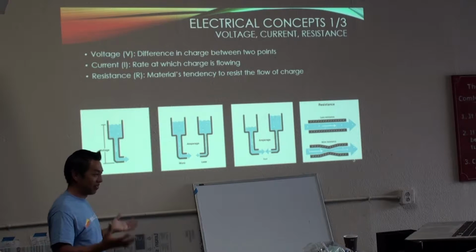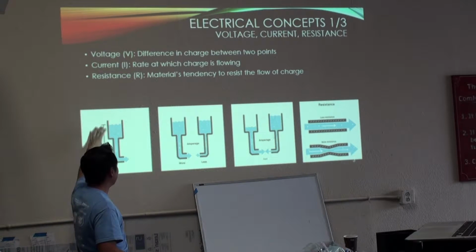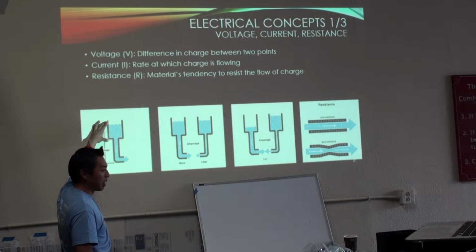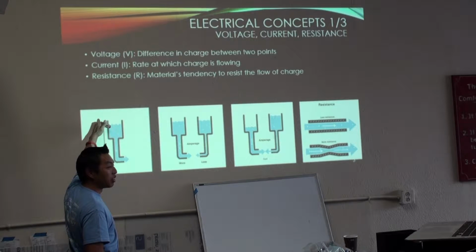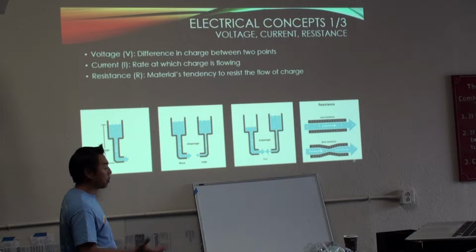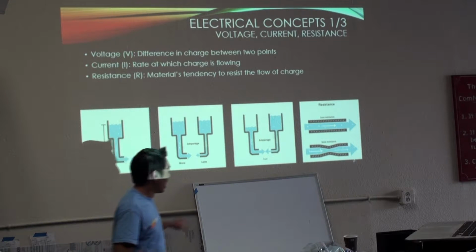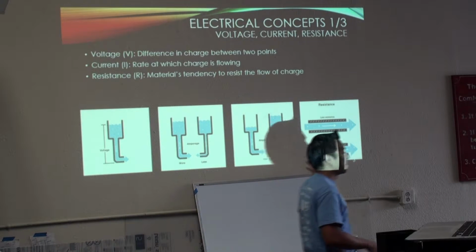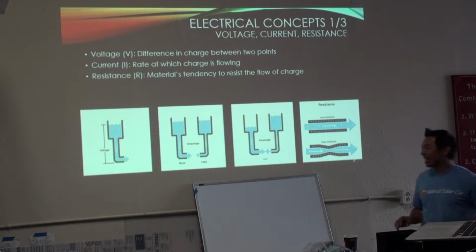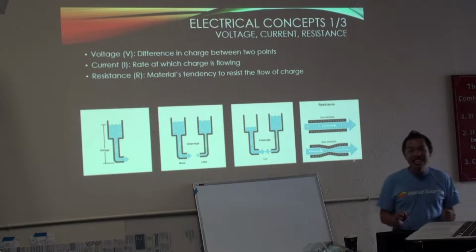By gravity, with a tank of water suspended up in the air, the more water you put in there, the more pressure you would have. That's what we're going to call voltage.